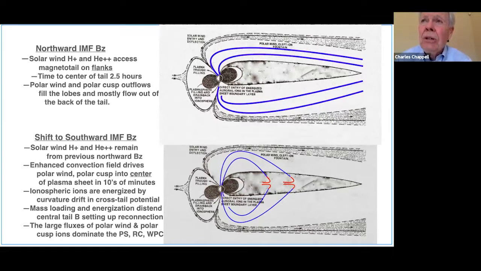Then when we run these multi-fluid merged ionosphere-magnetosphere models, and we're looking at an event, we can use the measurements from low altitude of what's coming out of the ionosphere, model what we expect to see in the magnetosphere from the trajectories, and then compare it with what we see.